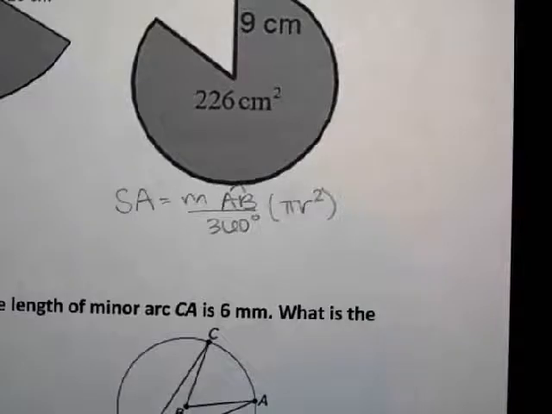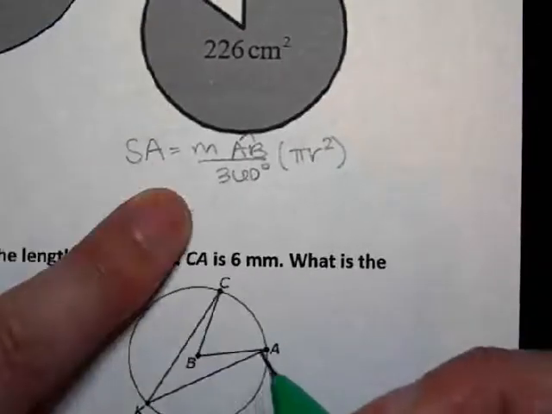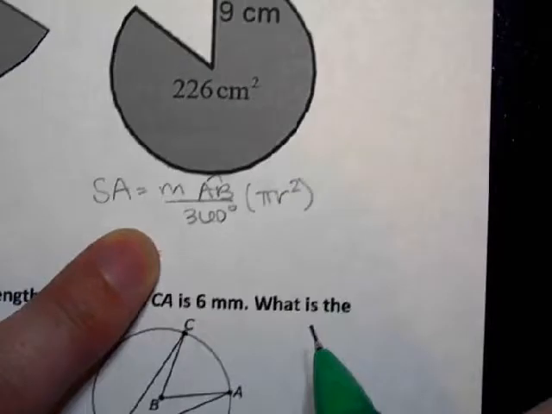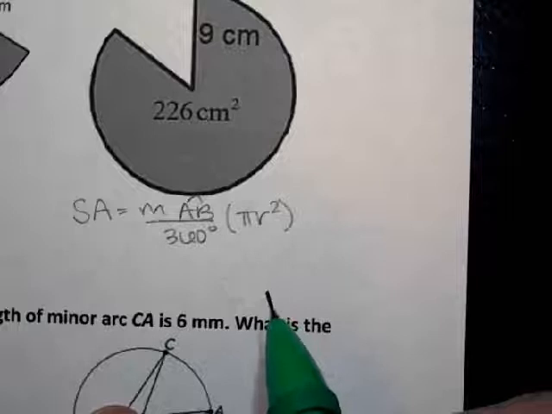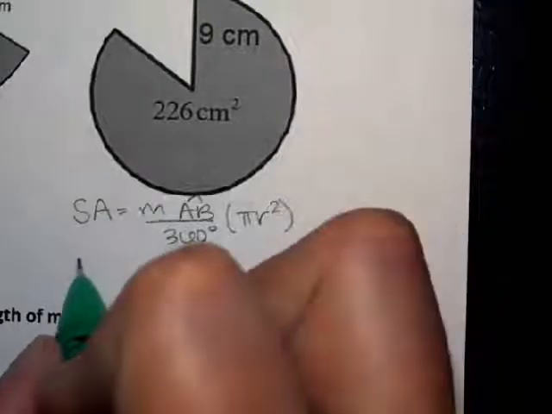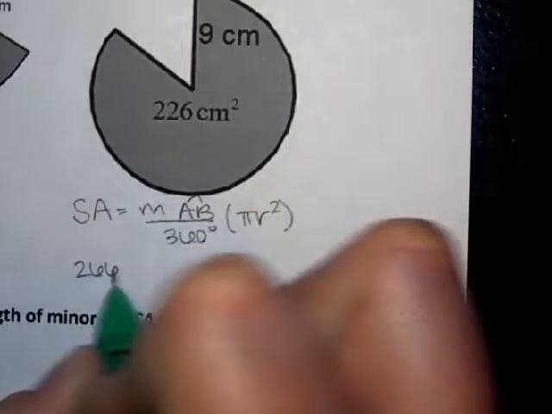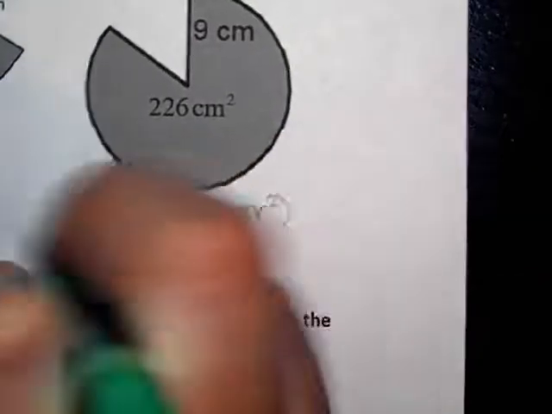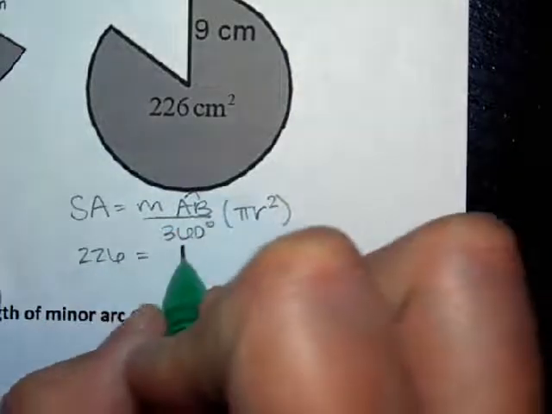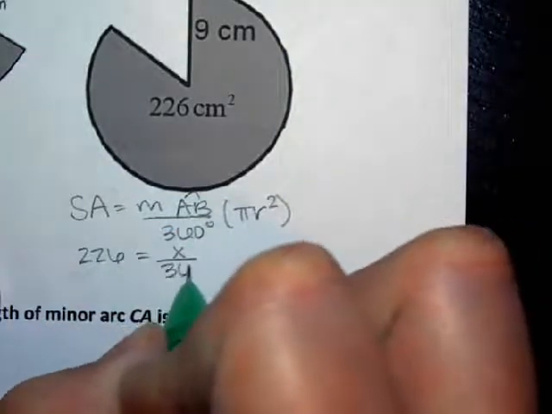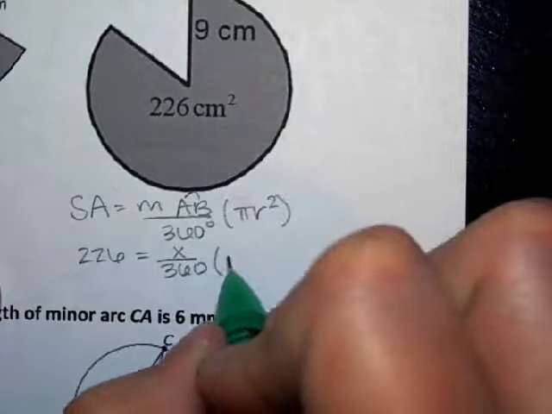So here's our drawing. Okay, so what should we do? Oh, 226 times pi, and then 9 squared.